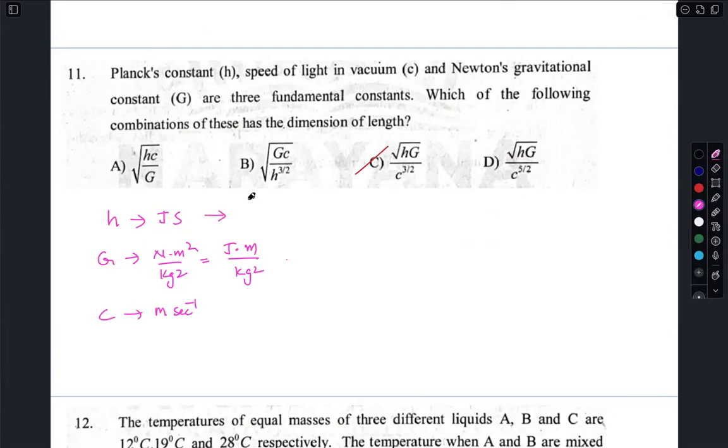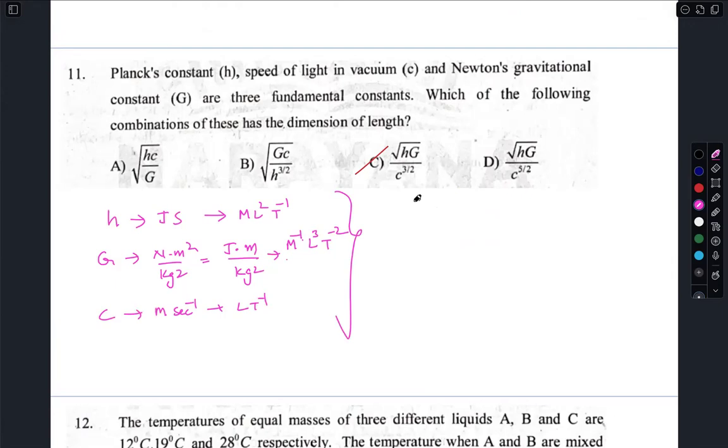Joule means M L square T power minus 2. M L square T power minus 1. M minus 1. Correct. अरे यार, joule into meter है L cube T power minus 2. करेक्ट है ना? ये होगा L T power minus 1.